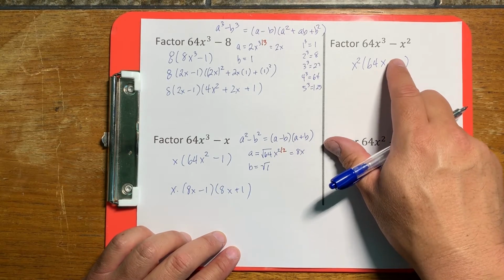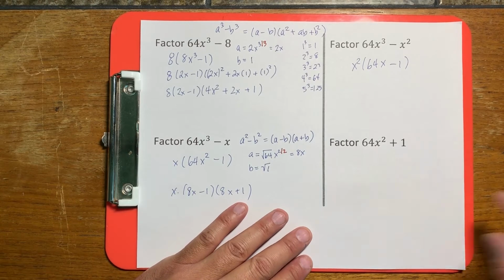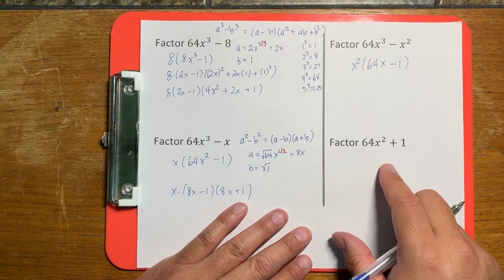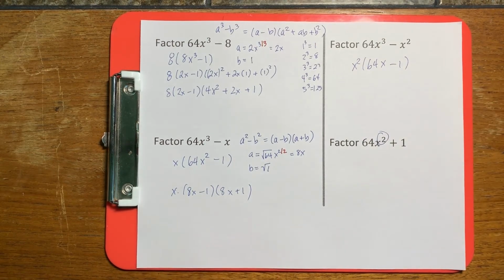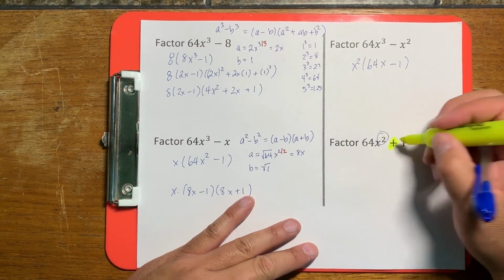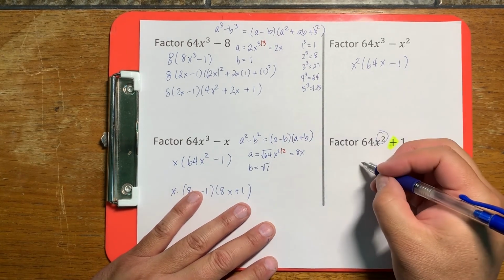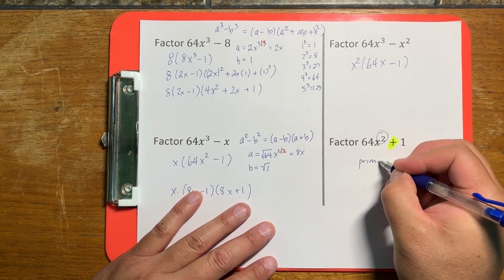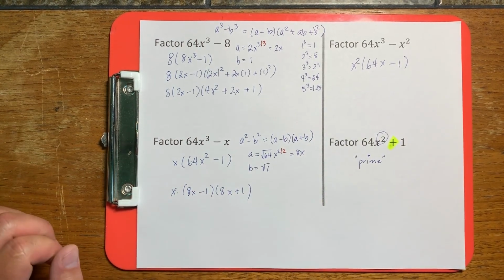You would only move forward if you had a square or a cube up here. Now, over here we have no GCF, and we can see that the exponent is 2, and the operator in between the 64x squared and the 1 is a plus, so this is prime. In some books, they'll say not factorable.